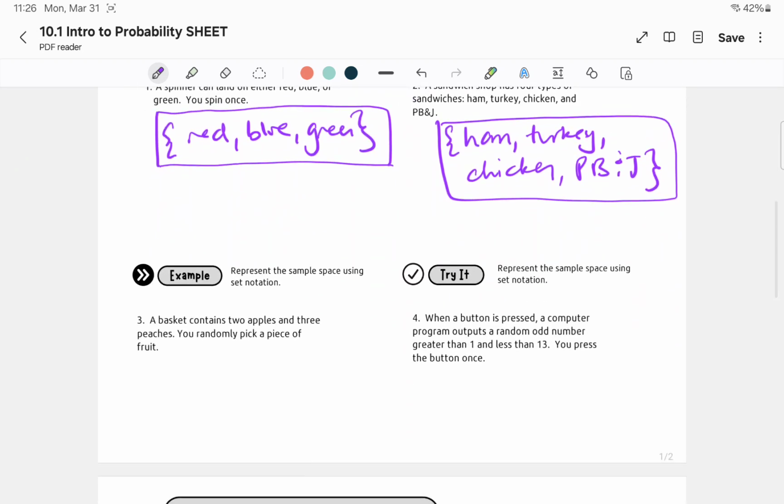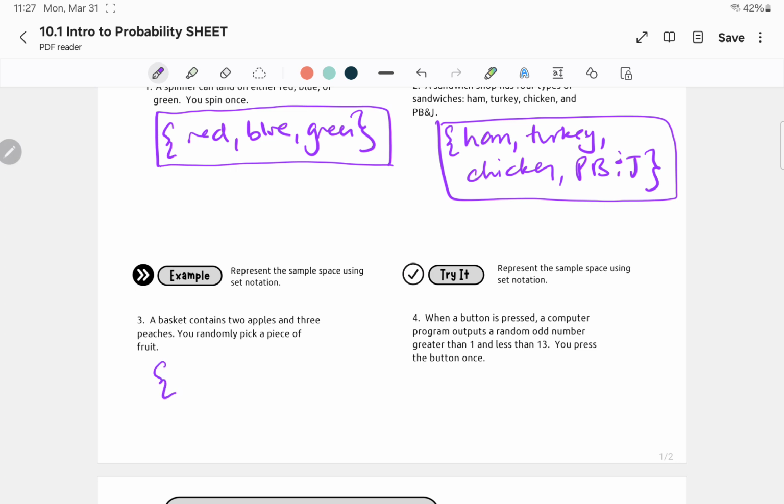Number 3 and 4 are the same thing, except be careful. For number 3, we're going to have to distinguish between items, since a basket contains 2 apples and 3 peaches, and you randomly pick a piece of fruit. Make sure you're not just putting apple and peach, because there are actually 5 pieces of fruit.